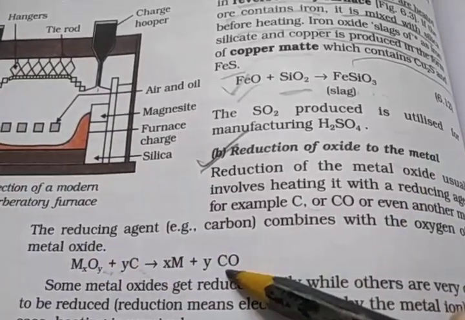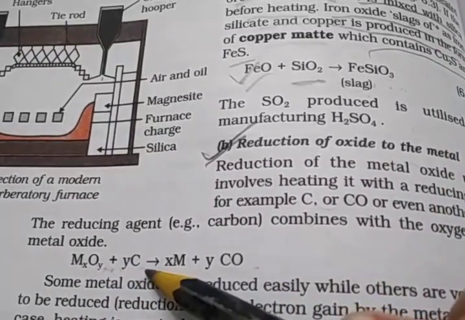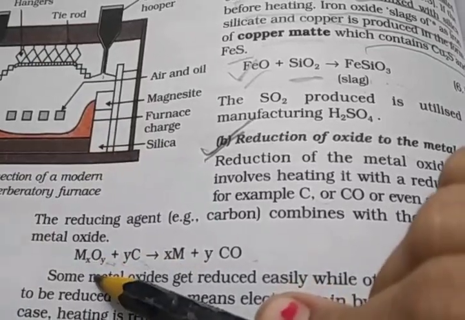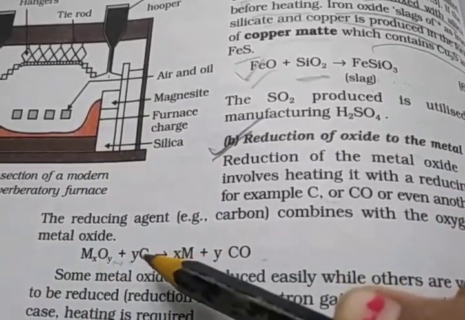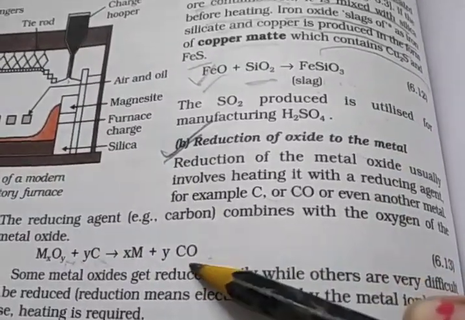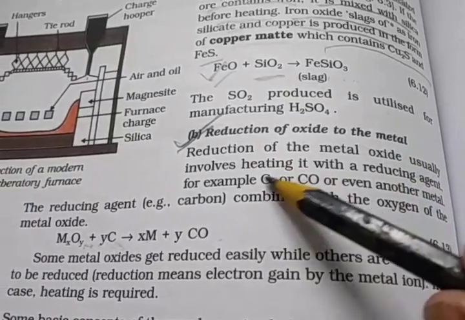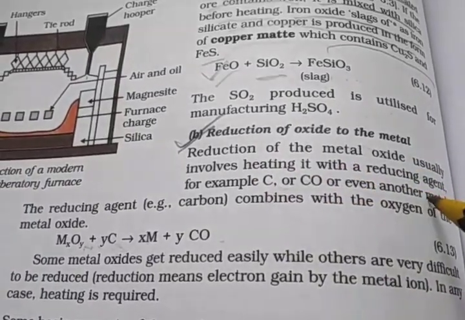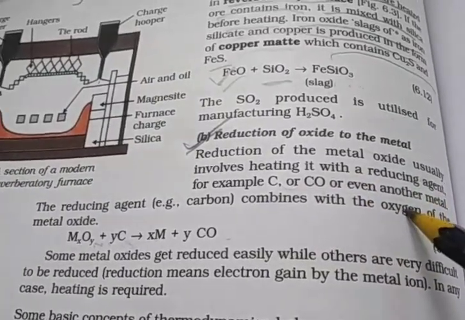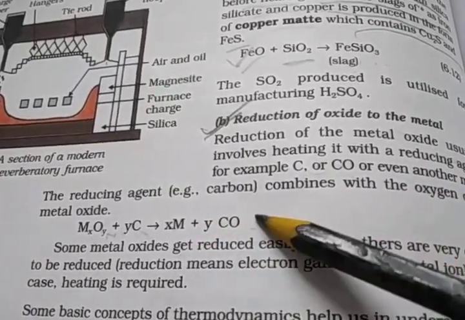Like here you see MxOy plus y C: the metal oxide reacts with carbon, so M comes out, and the carbon reducing agent combines with oxygen. Reduction of a metal oxide usually involves heating it with a reducing agent, for example carbon monoxide, or even another metal. The reducing agent combines with the oxygen of the metal oxide.